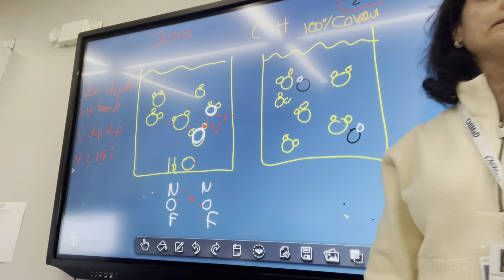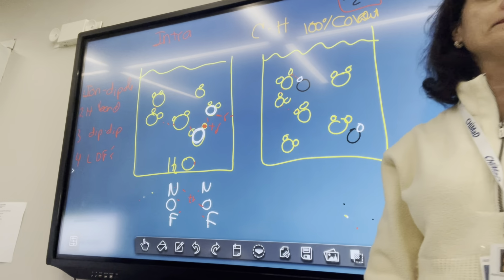Based on that, which one would you expect to have the lower boiling point, Bailey? Water or alcohol? C2H5OH is ethanol.